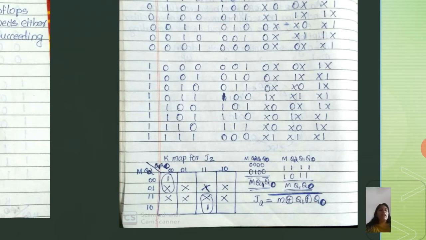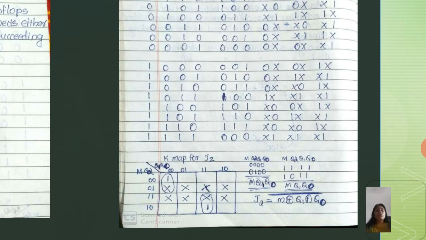M value with a present state is the plotting points for the K-map, and you're plotting the values of J2 in the K-map. That is, it is named as K-map for J2. Here plotting locations are M, Q2, Q1, Q0. Q2, Q1, Q0 will be your present state value, not the next state value. It is the present state value.